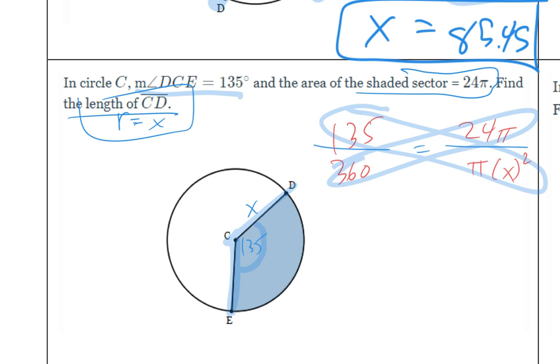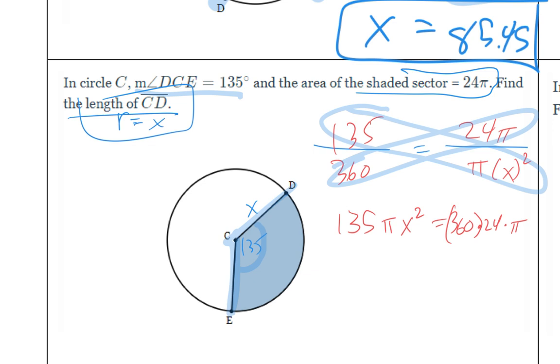So 135 times that is 135, then pi, then x squared. So that's what we get with that. Times 360 times 24 times pi equals 360 times 24 times pi, right? And we could just use that dot there, or we can use parentheses, as long as we know it's not a decimal, right? Now we just keep on doing the math.